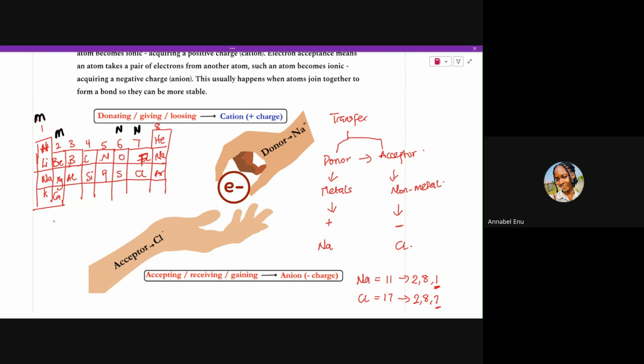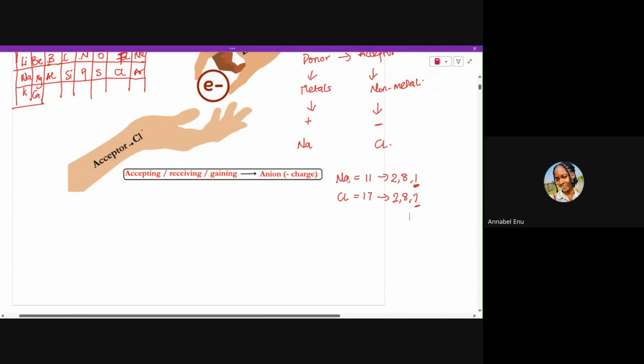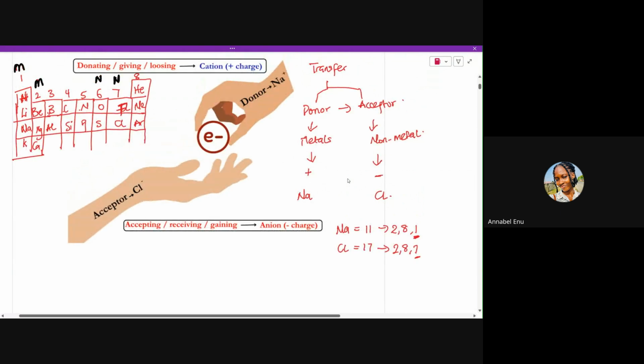So since metals have more, they would now want to give to non-metals that have less, so that they will be filled. So now, how can this filling, this filling means it's what we call the octet structure.